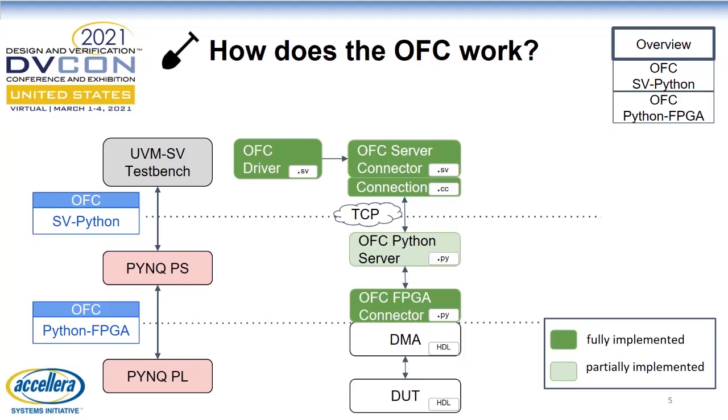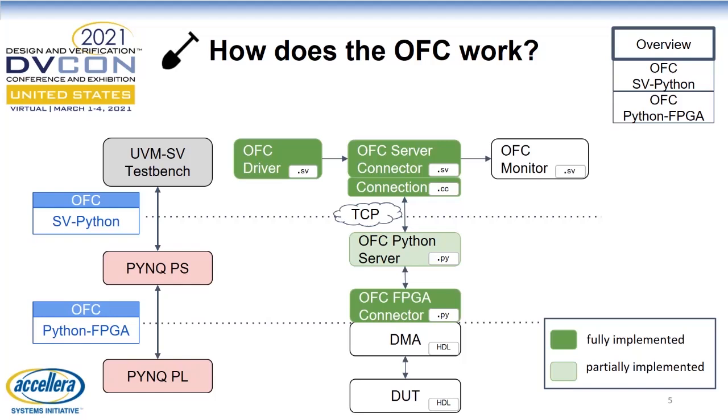On the programmable logic side, the DMA modules send data to the DUT through HDL drivers and receive monitored items through HDL monitors. The items monitored are sent back to the test bench through the OFC FPGA connector and OFC Python server, all the items being received within the same component, the OFC server connector.